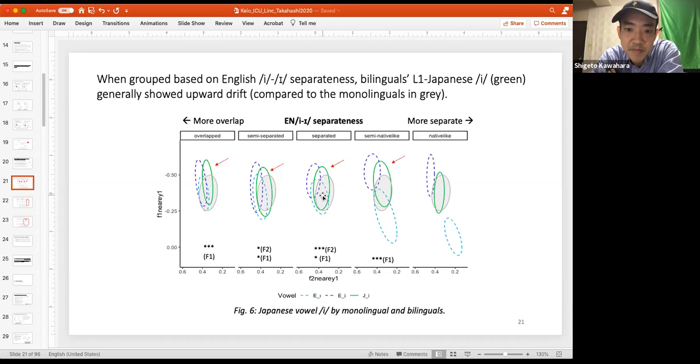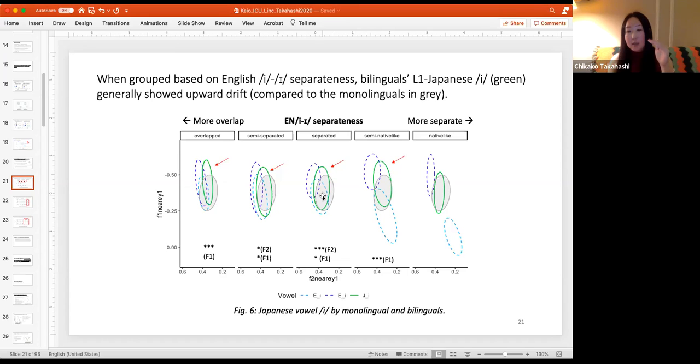Then to differentiate it, you would bring it up. But this is kind of simplifying it, because I'm averaging. If you look at individual data, there's a lot of variability. So I really need to look at the longitudinal data to confirm this.